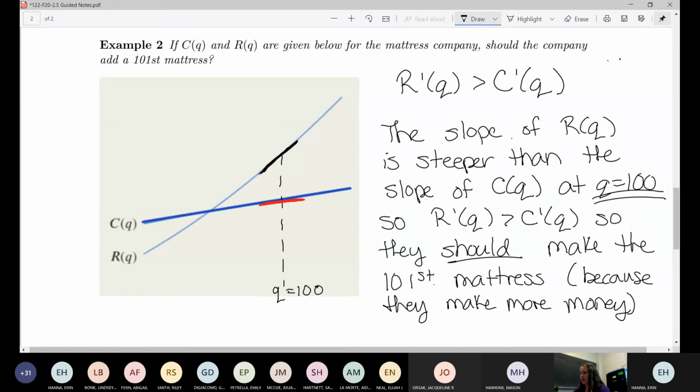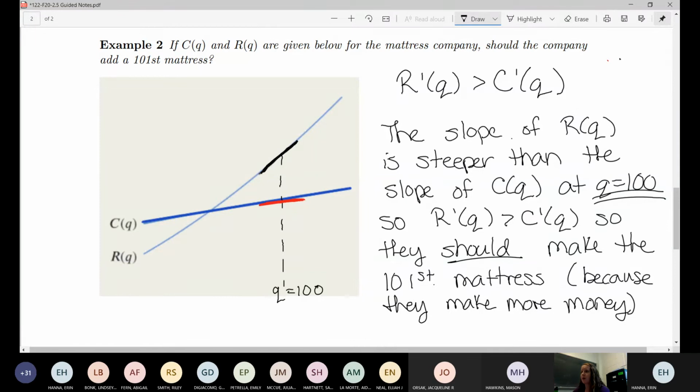Now, why am I looking at 100 instead of 101? Well, again, these are slopes. So if I want to know how much I actually gain from the 101st, I want to look at the thing before it, because remember, a slope is essentially telling us if I increase the q values by 1.